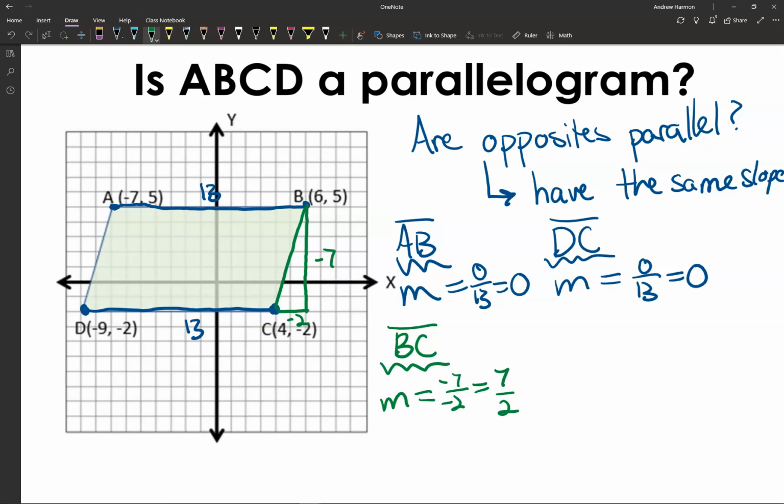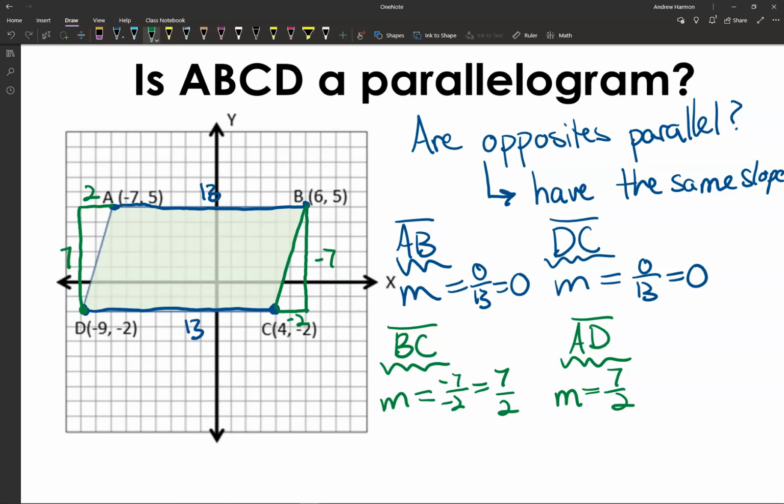So the slope of BC is 7 over 2. Now we have to look at what is the slope of AD. Again, all we have to do, find the rise over run. So AD, I'll start down here at D, go up 1, 2, 3, 4, 5, 6, 7, over 1, 2. So that's 7, 2, goes in the positive direction. So our slope is 7 over 2.